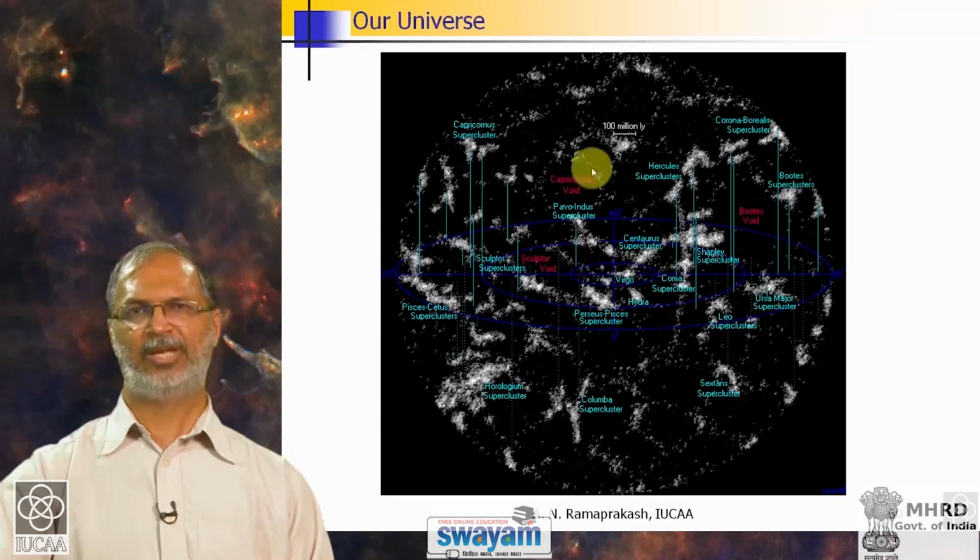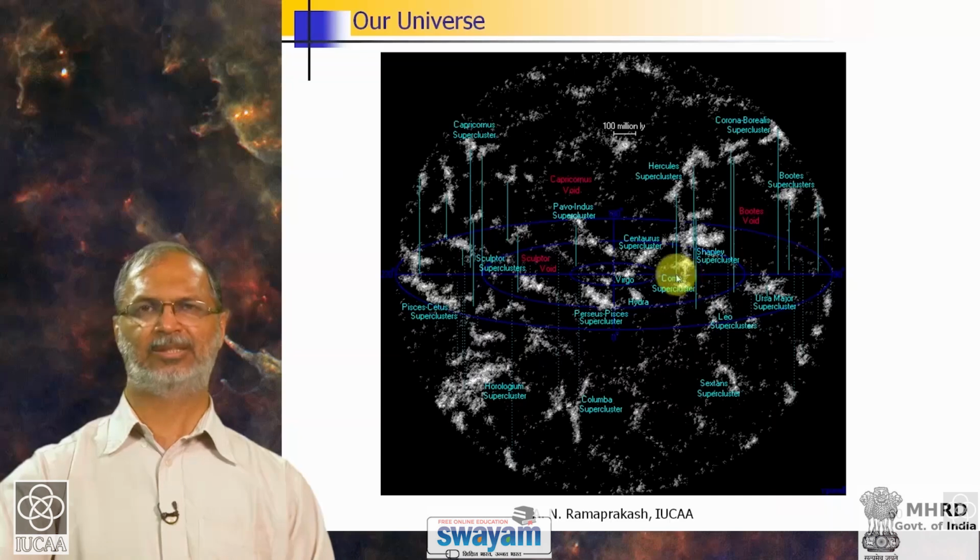As we see today, our universe, we understand, is made of large clusters of galaxies which form filamentary structures embedded with large voids where there are no galaxies. This is how we understand our universe looks as of today.